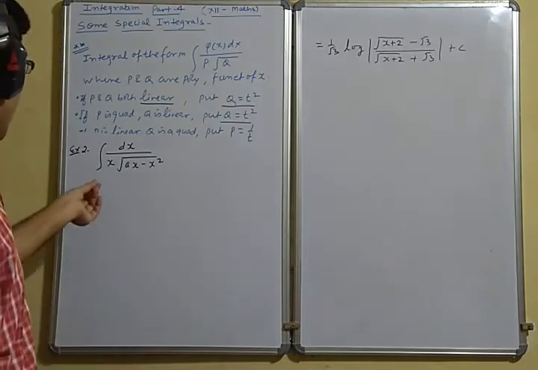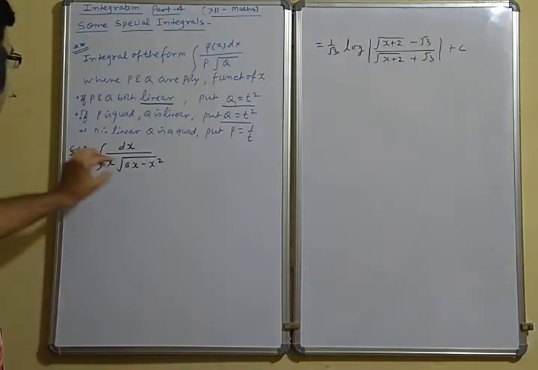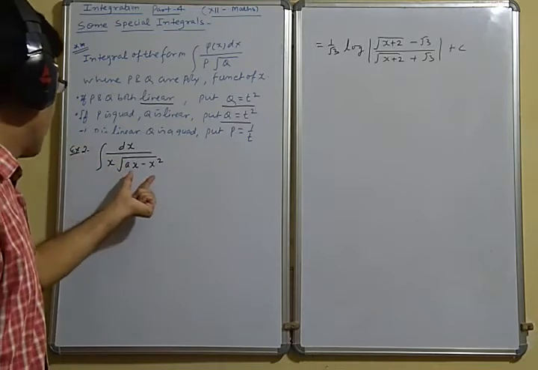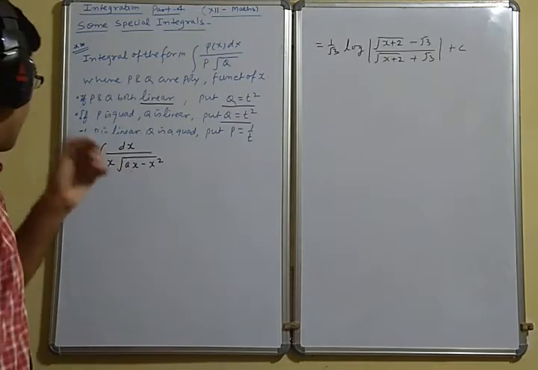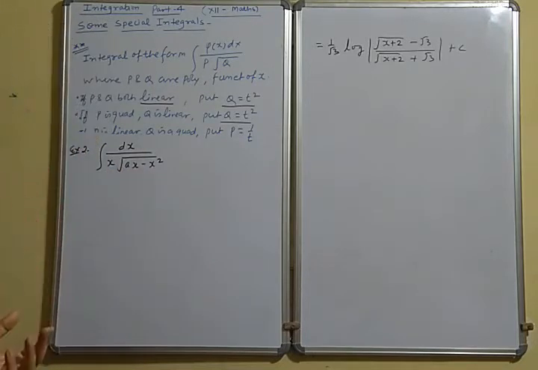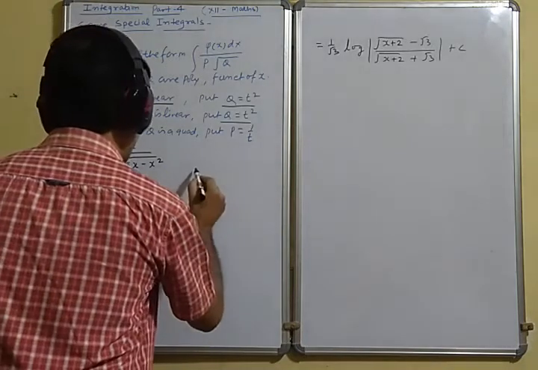So this is of the form p root q, where p is linear and q is quadratic. So if p is linear and q is quadratic, then we take p, that is x.